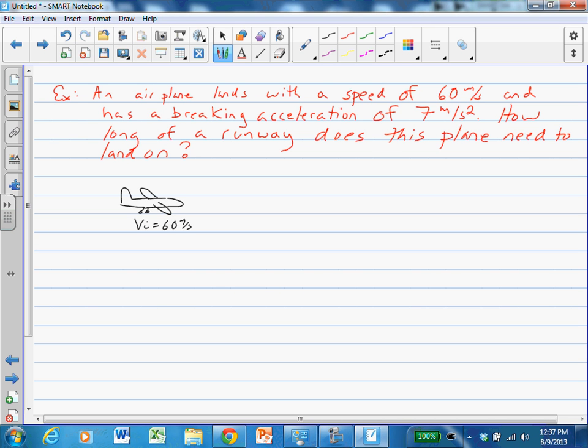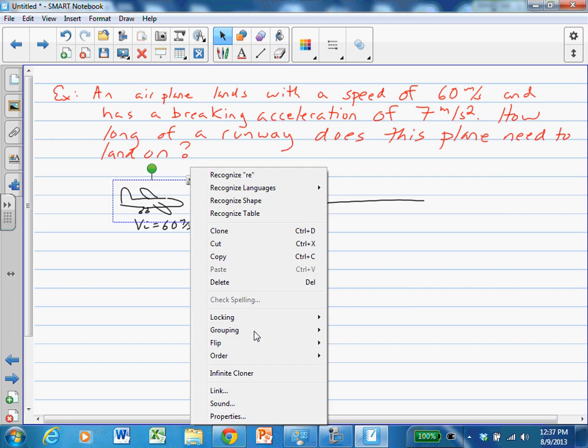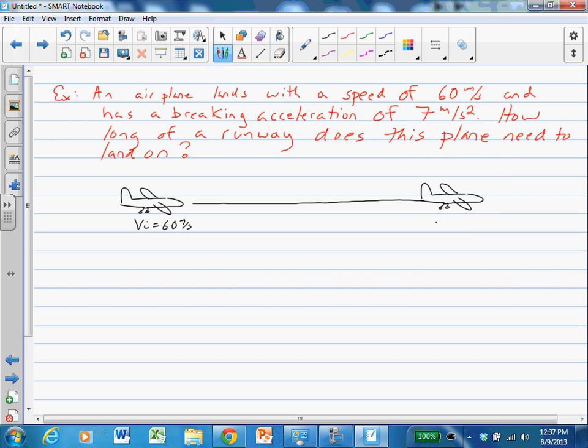It's going to slow to 0 meters per second because we want it to stop. Acceleration is minus 7 meters per second squared since it's braking.